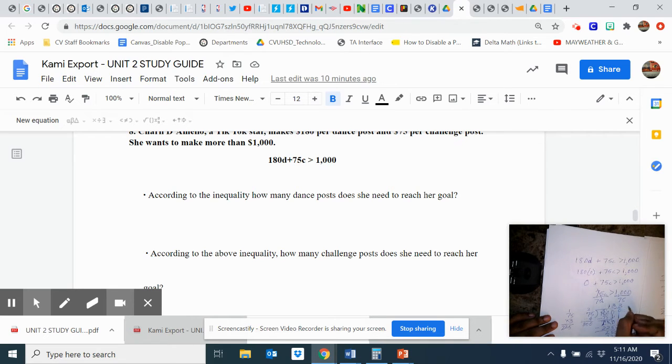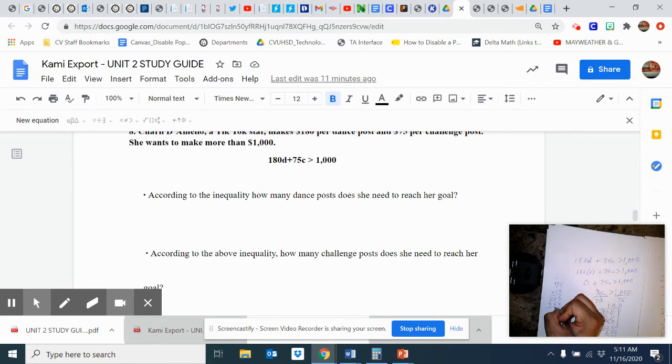So for challenge belts, you can have greater than 13. If you have 75 times 13, let's see what that'll give you. That's 975.